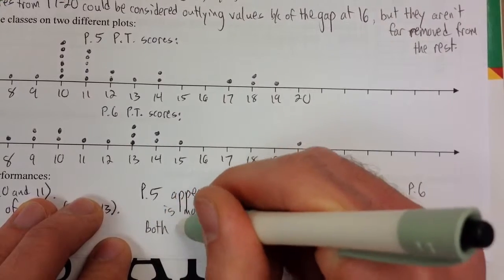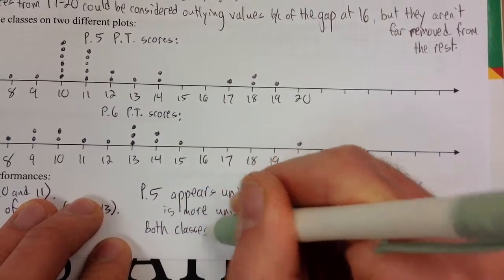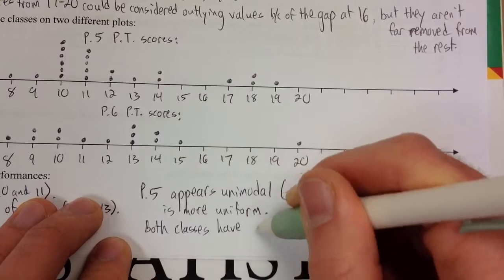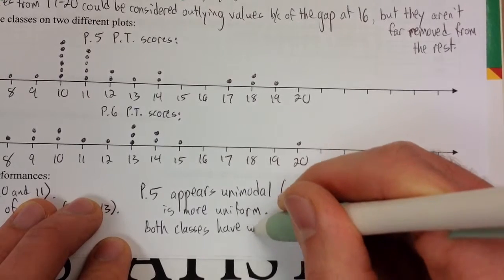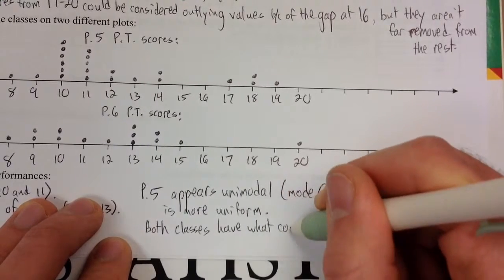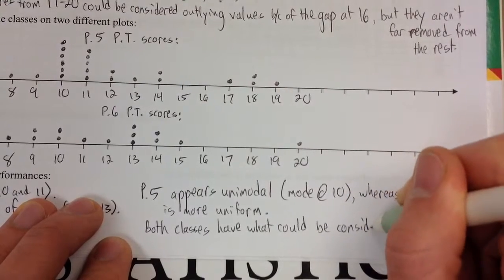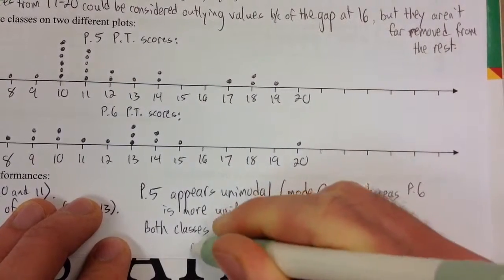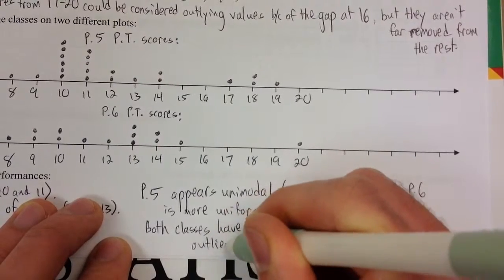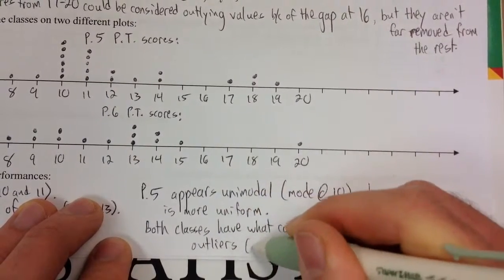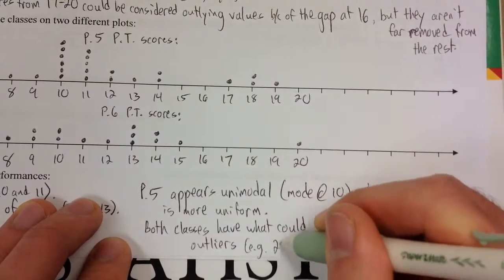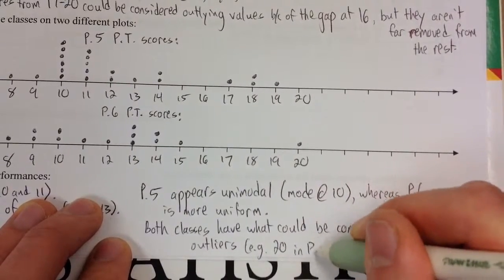And both classes have what could be considered outliers. For example, 20 in period 6.